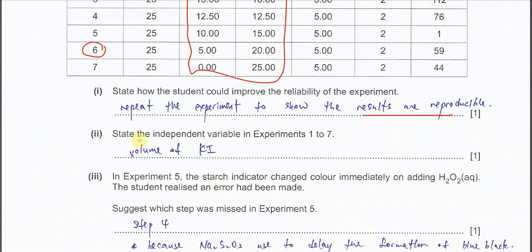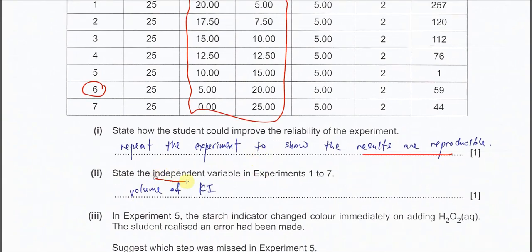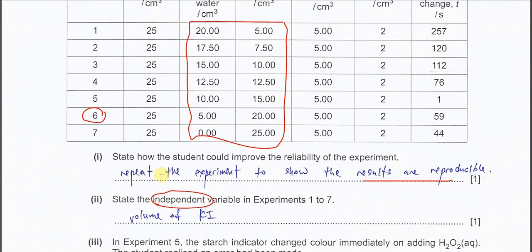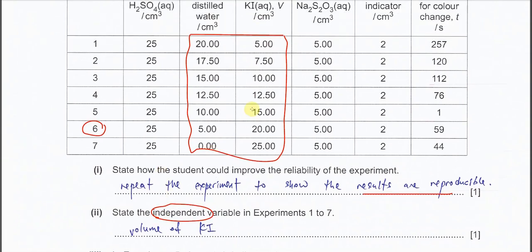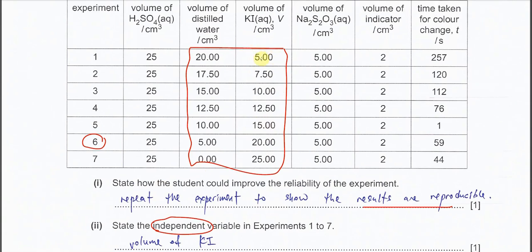Part 2. State the independent variable in experiments 1 to 7. The independent variable is always the one that we can change. Let's say in this one we can use 5 cm³, we can use 7.5, we can use 10, or we can actually use 9, depending on us.